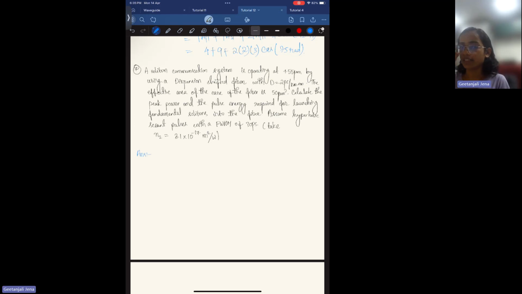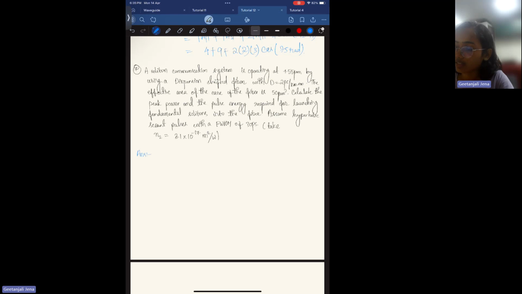The question says, a soliton communication system is operating at the wavelength 1.55 micrometer by using a dispersion shifted fiber with D given as 2 picosecond per kilometer nanometer, and the effective area of the core of the fiber is also given as 50 micrometer square.